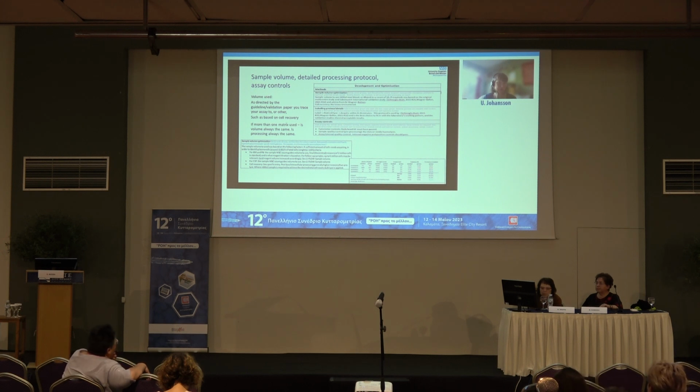And if you have more than one matrix, meaning the assay is to be used on peripheral blood, but also on fine needle aspirates from a lymph node, for example, is the volume used always the same? Is the processing used always the same? No, it's not in our lab at least.